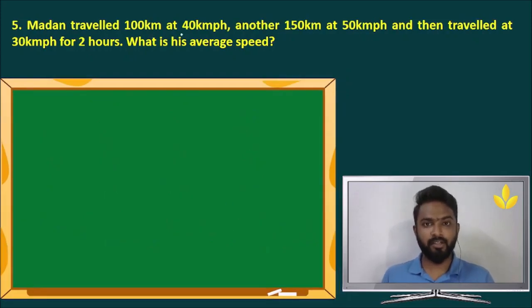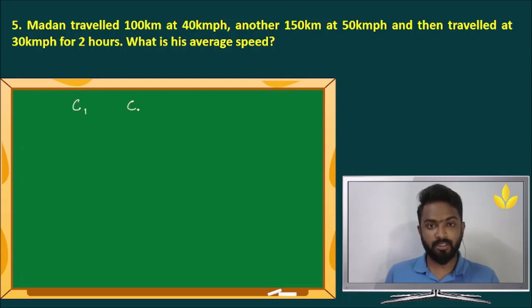Madan travelled 100 kilometers at 40 km per hour, another 150 kilometers at 50 km per hour, and travelled at 30 km per hour for 2 hours. What is his average speed? Okay, again, case 1, case 2, case 3.